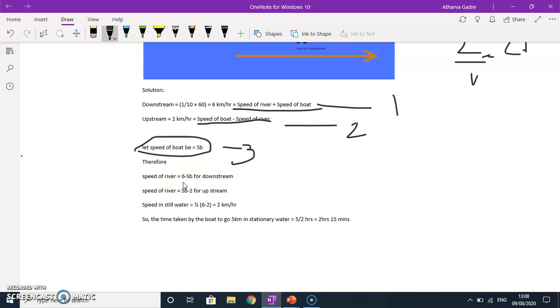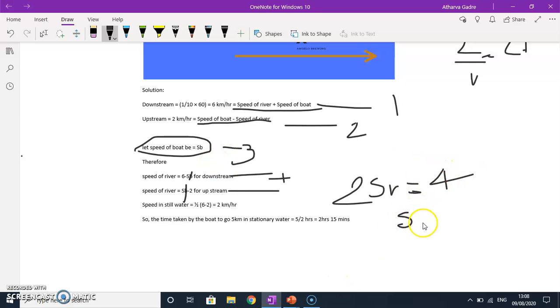We will be removing SB. For removing SB, simply add these two equations. SB and SB get cut. 2 into speed of the river, let's say SR, is equal to 4, as 6 minus 2 is 4. So speed of the river comes out to be 2 kilometers per hour.